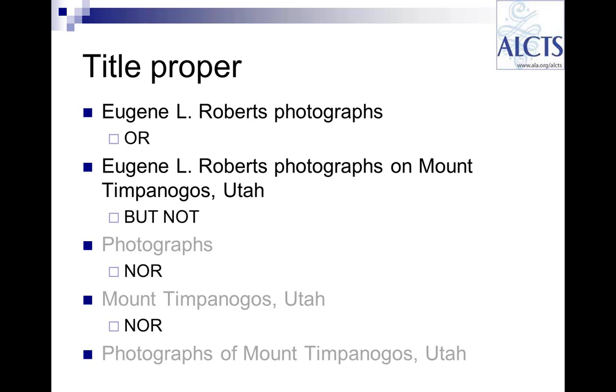But those earlier RDA options that we saw of just the type of material or just the subject of the material are no longer allowed when using RDA in conjunction with DACS. The last example there with the type of material and the subject might be possible if you didn't know who the photographer was according to DACS, but again, typically an archival title according to DACS needs to include the creator of the materials as part of the title.